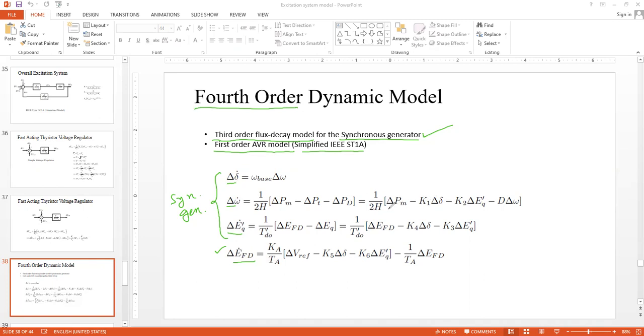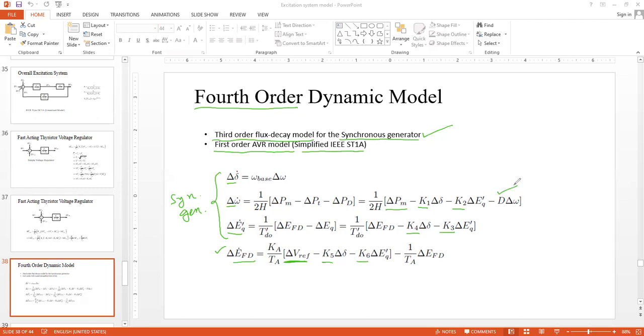Besides, we also have two inputs: the mechanical input from the governor or turbine side, and the change in the reference set point for the regulator itself, del Vref. All the variables on the right hand side of these equations are mostly K constants, so you have 6 K constants in total.